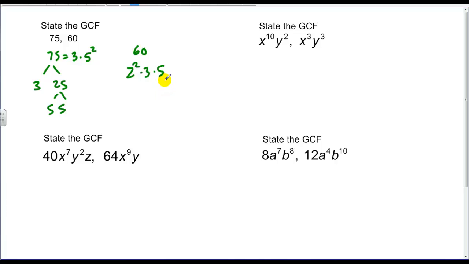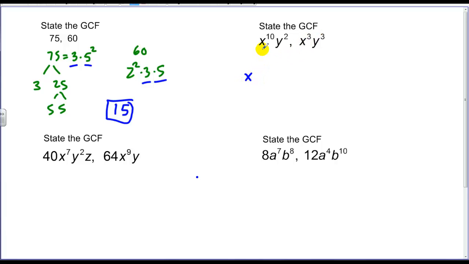So you'll notice there's a 5 here, and a 5 here, and there's a 3 here and a 3 here. So my greatest factor is the product of the 2, or 15. Now the rest are algebraic examples, so we're going to have to take a look at what's common in both. Now, I have x's in each of the two monomial terms, and the question is, how many of those x's are in common?